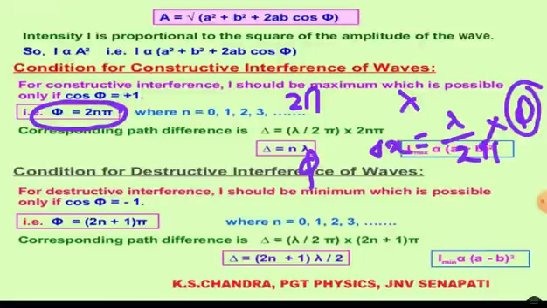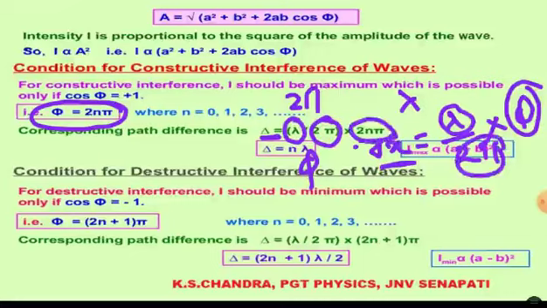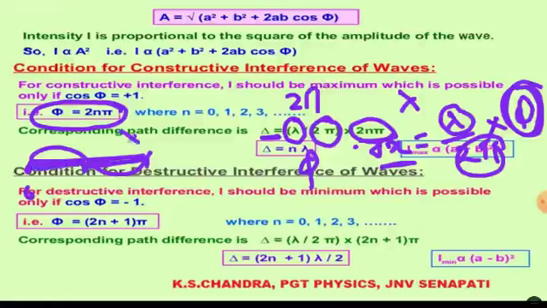So this delta, which is denoted here by delta x, will be equal to lambda divided by twice pi into that phase phi. Got it? This is the formula. For a phase difference of twice pi, this is 0, this is pi, this is twice pi, this is lambda by 2, another lambda by 2, so lambda by 2 plus lambda by 2, the path difference will be lambda.